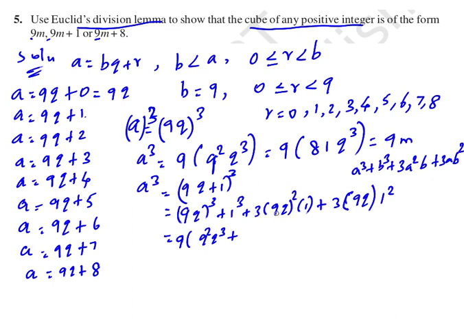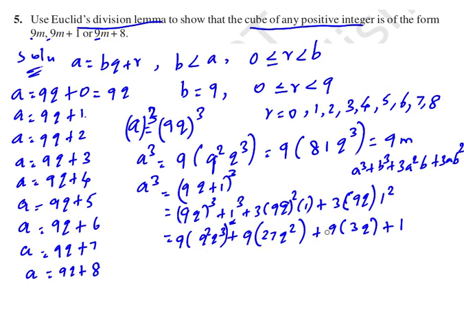Here also if we take one 9 outside, in this term it is 9 square q square, so 9 into 3, 9 threes are 27 q square, plus here also we take one 9 outside so it can be written as 3q, plus 1 cube becomes 1 itself.